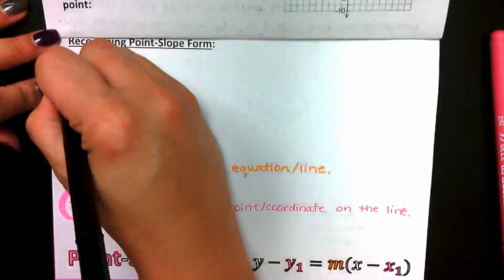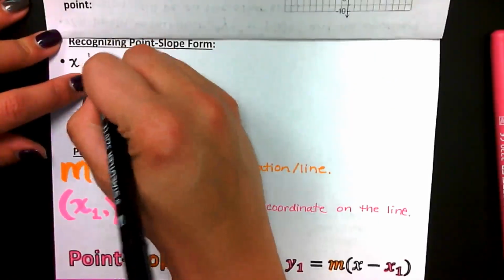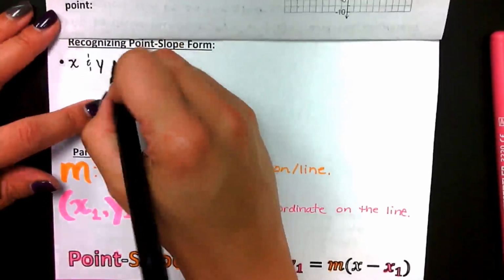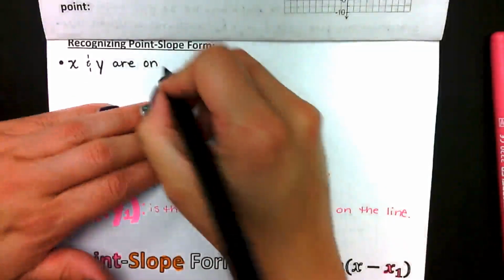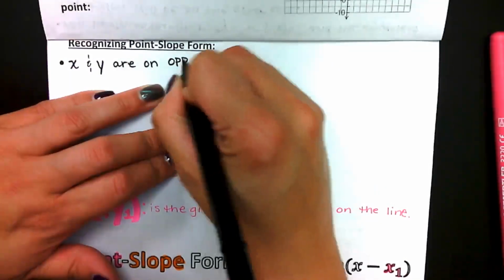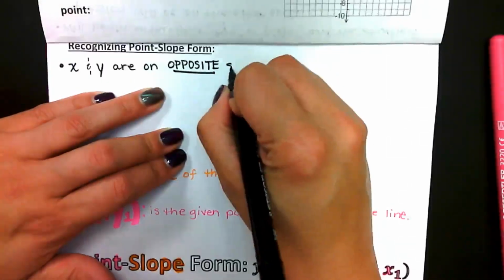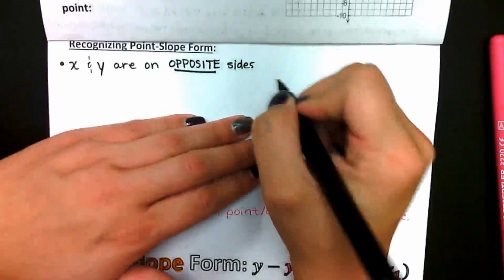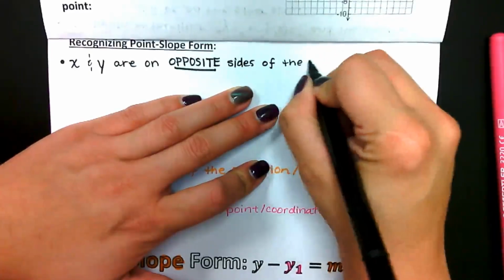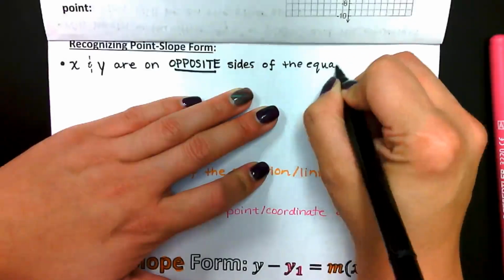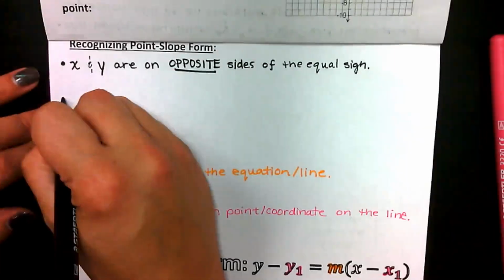First and foremost, X and Y. This is a main one. X and Y are on opposite sides of the equal sign, to be more specific. Okay.